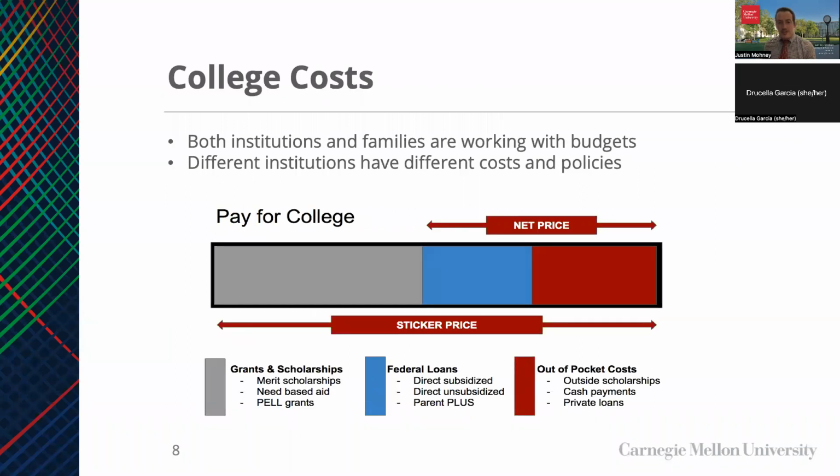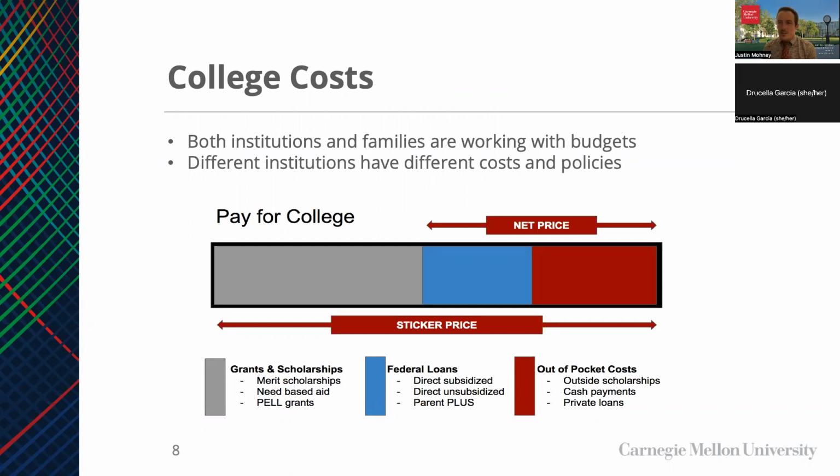In terms of actually talking a little bit about cost and how this all breaks down, you're going to find that both institutions and you as a family are going to be working within budgets when it comes to financing education. And that different institutions are going to have different policies and different costs related with the way that they're managing their own budget.